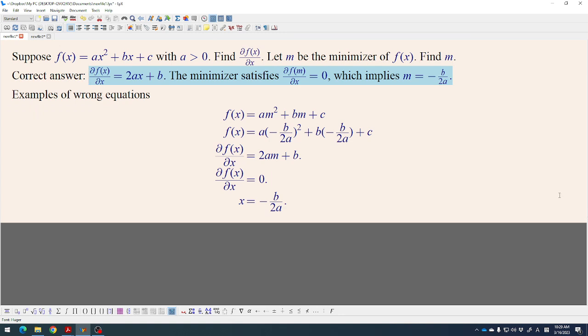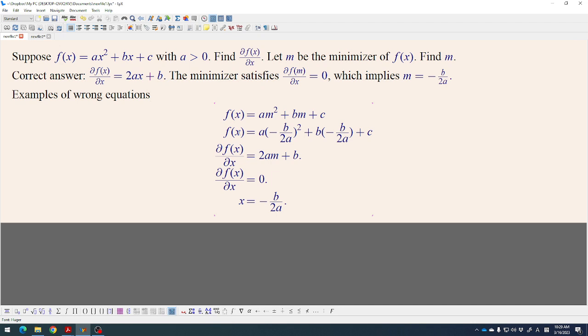But now let me show you wrong answers, wrong equations, such as this one. The function f(x) is am squared plus bm plus c. It's wrong. m is a fixed minimizer, a fixed number. x is a variable. You can put different numbers into x, but m is just one constant number.